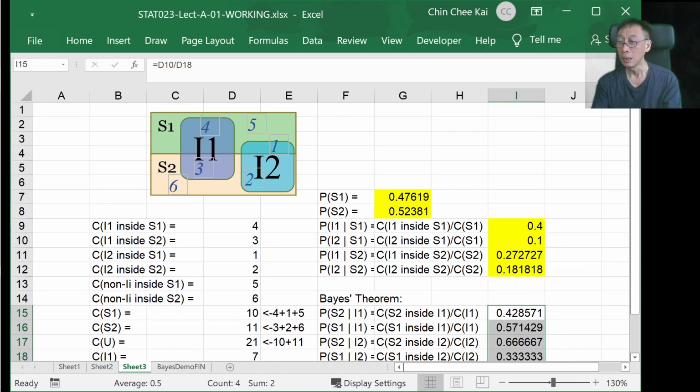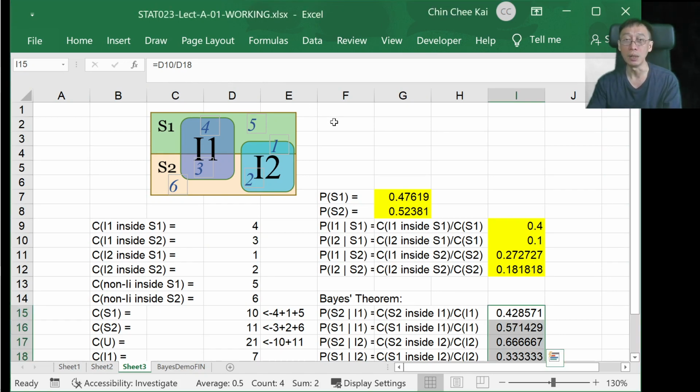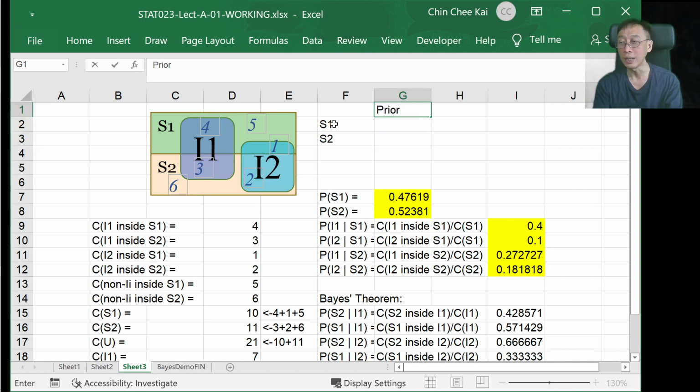So let's see if Bayes' theorem actually is going to give us that. And for that, we want to use a tabular approach, a table method. I'm going to show you now. We'll tabulate S1 and S2 by the side here. We'll put a prior probability. The prior probability is going to be the input, P of S1.